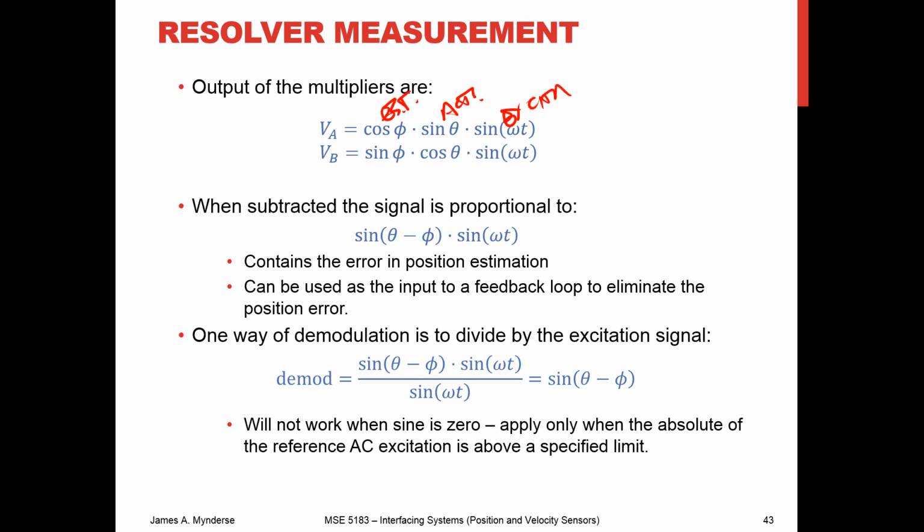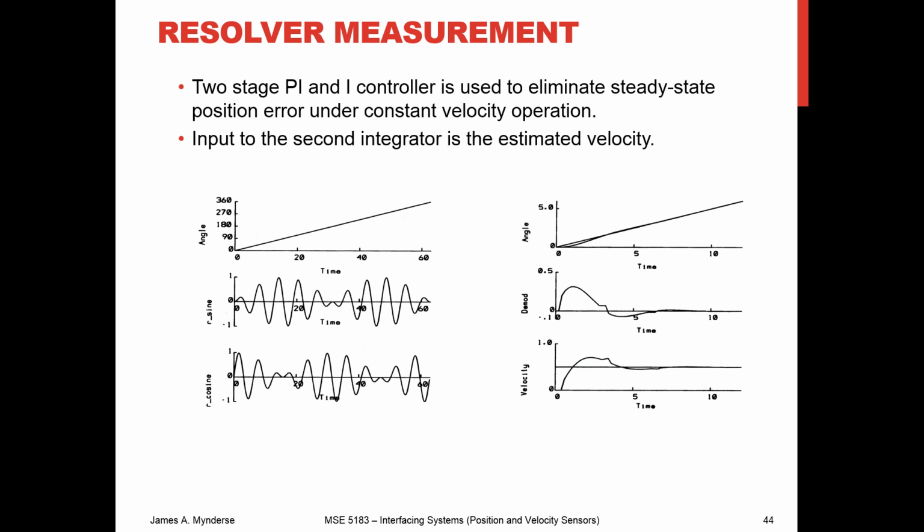So we've got our error in our position, which is our feedback loop for our PI control. And so we can then demodulate, just divide by sine of omega t, so we get sine of theta minus phi. So if we have our PI control, this is some example here with an integrator, we can get pretty good estimations.